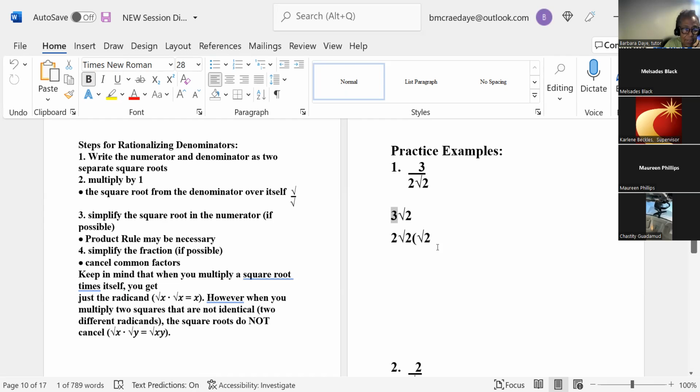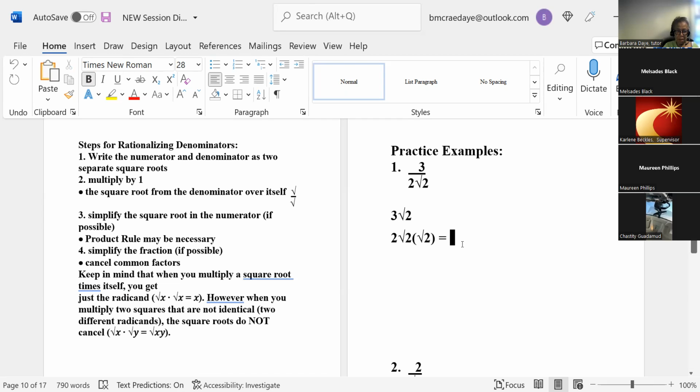But what is this equal to, Mercedes? If I multiply this, what do I get? No, just this. 3 times square root of 2 times square root of 2. What would that give me?